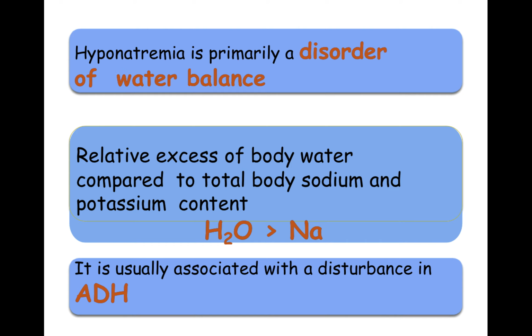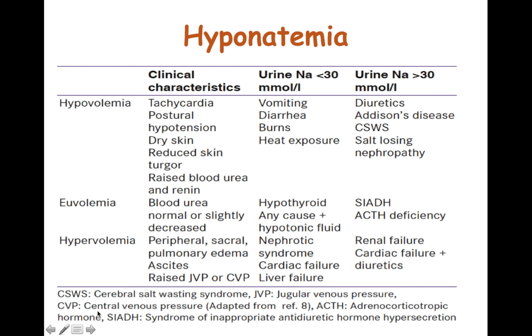Remember, all of you, hyponatremia is actually a disorder of water balance. So it is not like sodium is less in the body. The problem is there is a relative excess of the body water as compared to the total body sodium. So there is a relative excess of the water, which is mostly because of a problem in the vasopressin hormone.